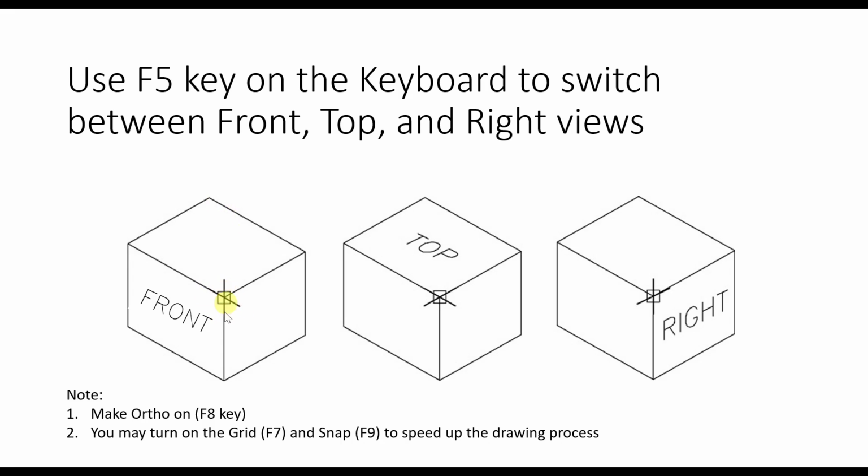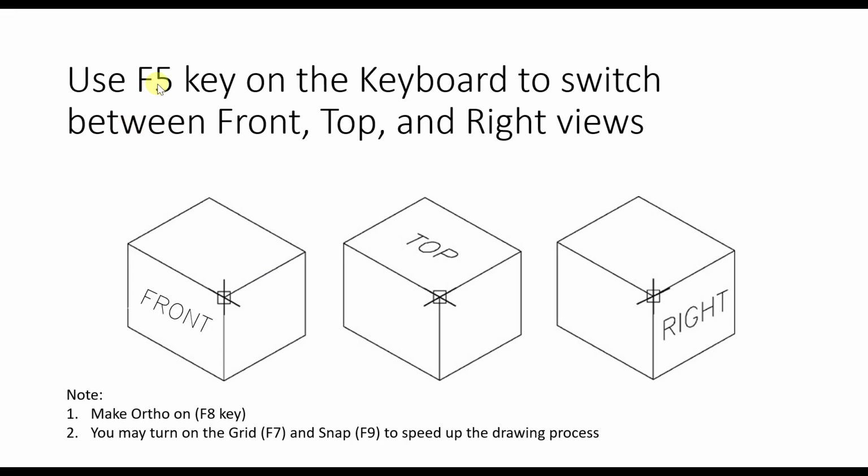As you see, the cursor is different from the front view compared to this cursor on the top view compared to the right side view. So in order to draw on the front view, that's going to be the cursor. Using the F5 key, you can switch to the top view and draw things in that view. Again, F5 key can switch the cursor to different views.